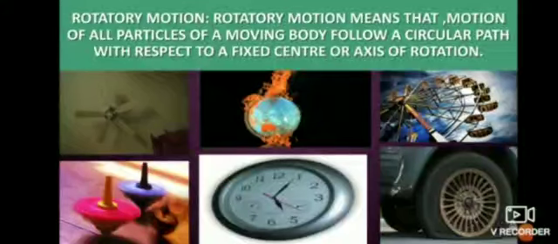Let us understand with a simple example what rotatory motion is. Children, now we see rotatory motion with an example. Let us examine the motion of the blades of a ceiling fan.